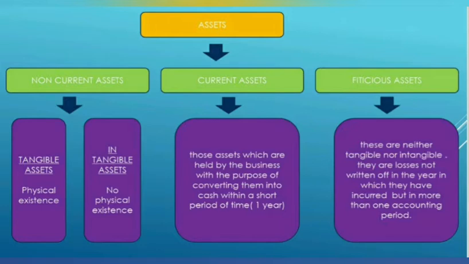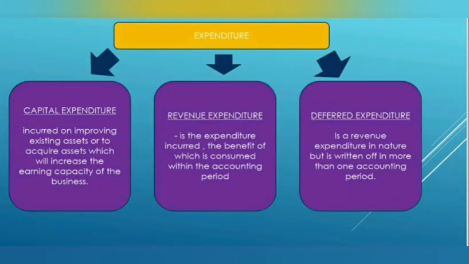That means zero. If that particular loss is not been written off to zero, these losses are further transferred to the next accounting year. So these losses are your fictitious assets. So they take more than one accounting year to be written off. So clear with non-current assets, current assets and your fictitious assets?